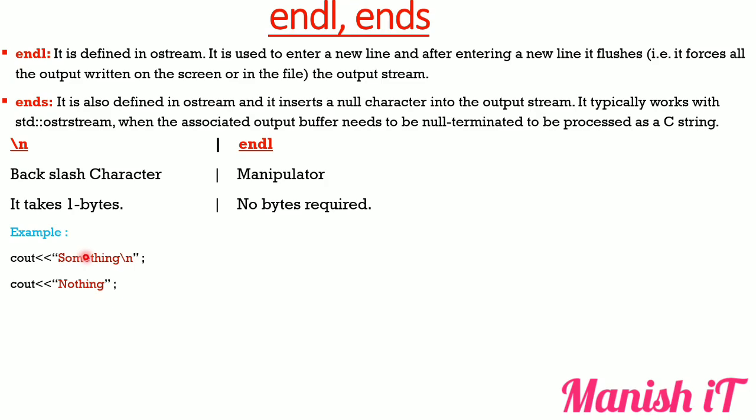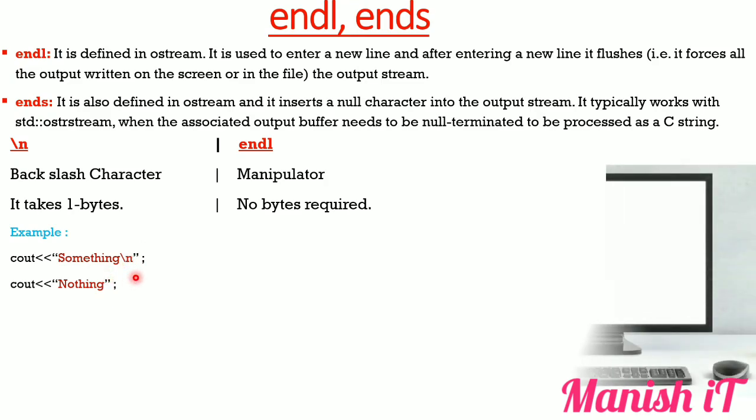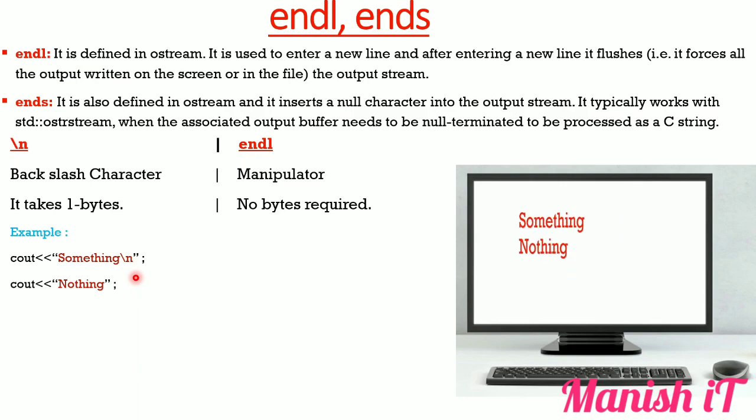We have to write that statement within double quotation marks, and here I have used slash n. See how it works on the console screen. Due to this slash n, when this line is executed, our cursor is moved to a new line, and when the next line is executed, nothing is printed.